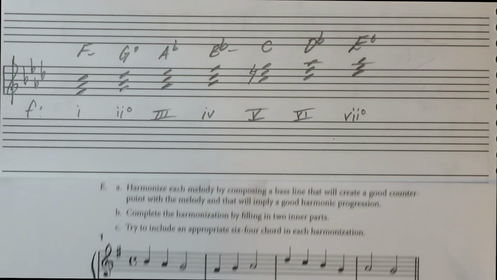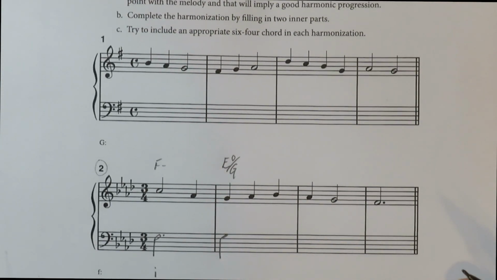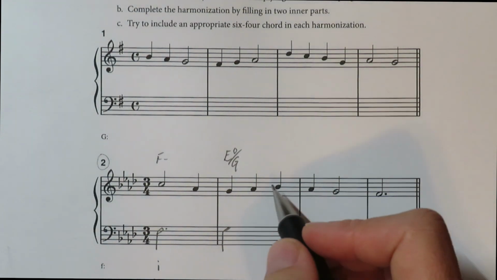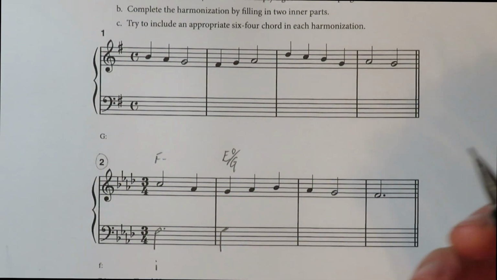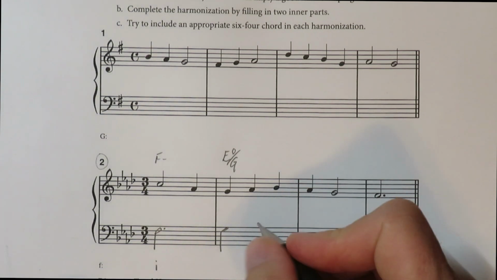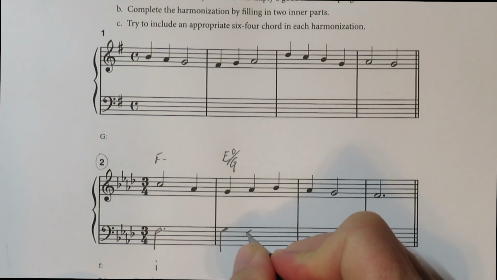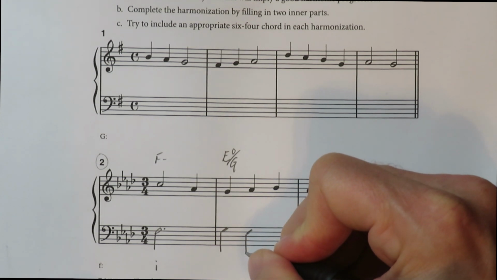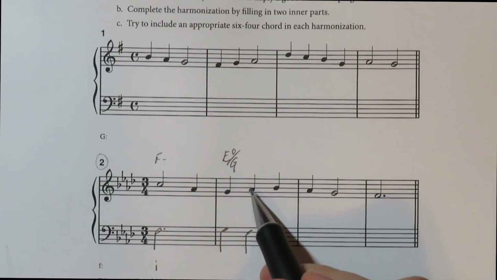Okay. Now, so we have the A flat. That's the third of the one chord. So let's just go back down to F. All right, and that's also moving in contrary motion.